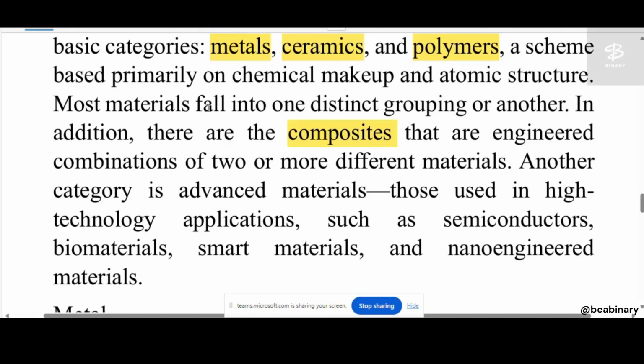Suppose you have a material with a strength of something like 100 megapascal.